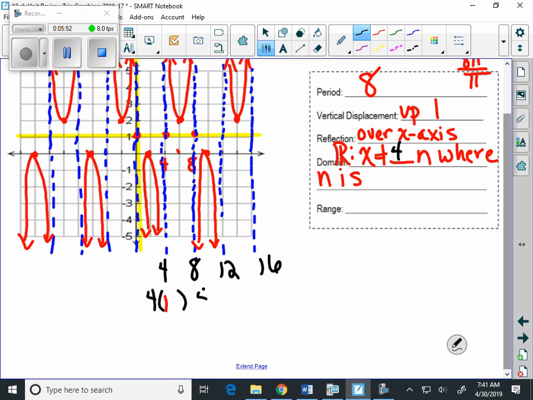And then 8 is 4 times 2. And then 4 times 3 gives us 12. And 4 times 4 gives us 16. So we're looking at those red values, the 1, the 2, the 3, the 4, and what we see is that n is simply going to be an integer.